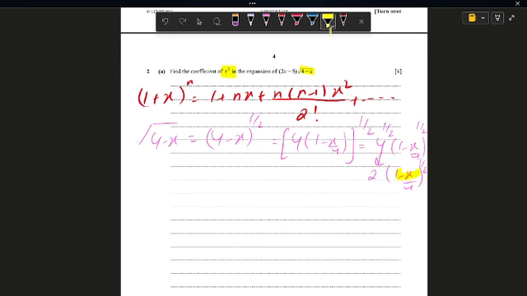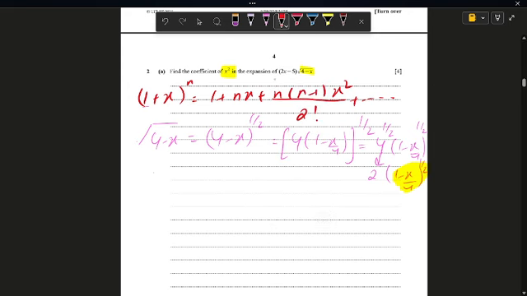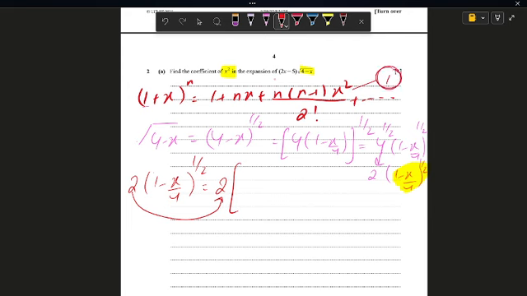I will open this thing by using the binomial theorem. 2 would be taken as it is because that remains as it is. So the expansion of (1 − x by 4) whole to the power 1 by 2 could be opened by using the expansion of equation number 1.